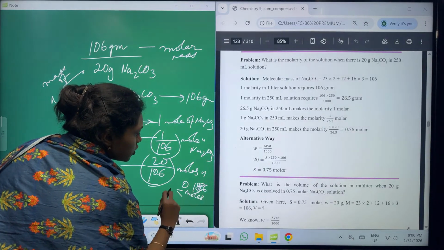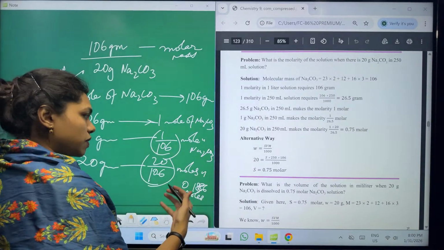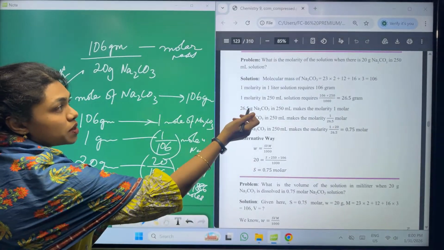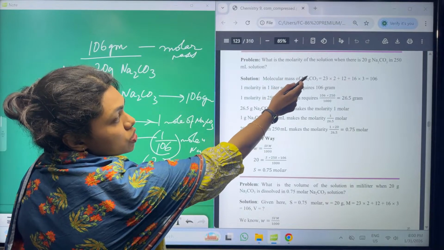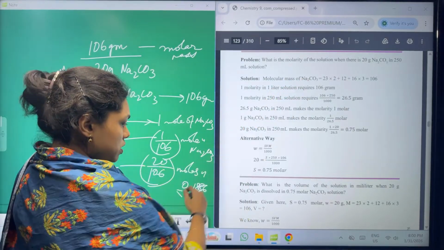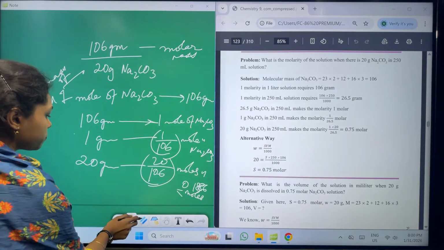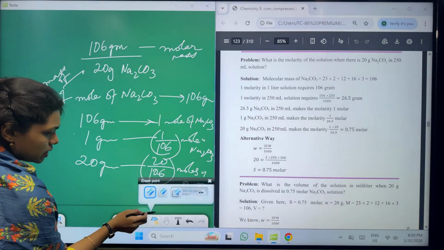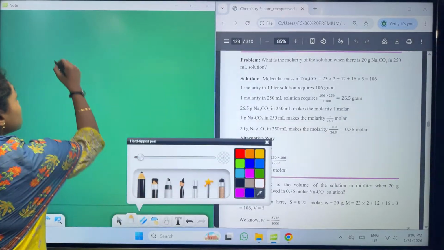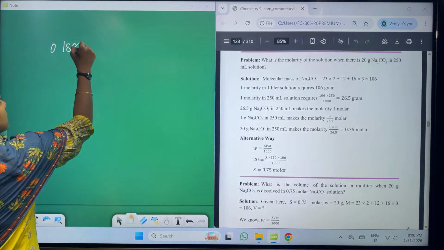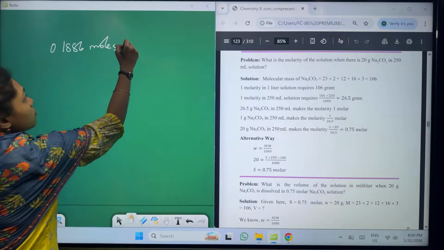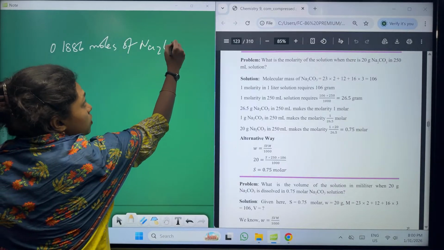So we have 0.1886 moles of Na2CO3. Now what is our question? What is the molarity of the solution when there is 20 gram or 0.1886 moles of Na2CO3 in 250 ml solution? So 0.1886, remember that, 0.1886 moles of Na2CO3 we have, okay?